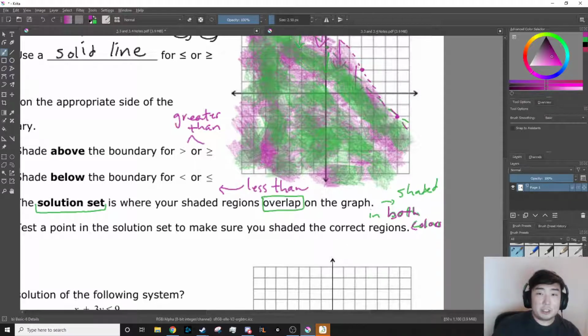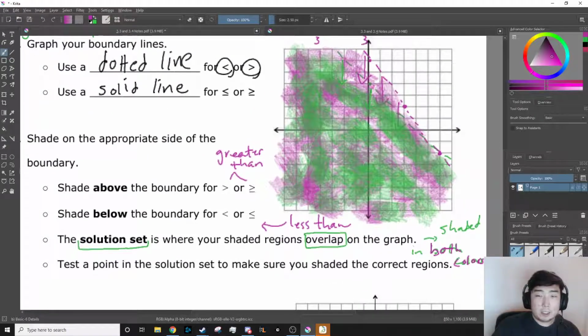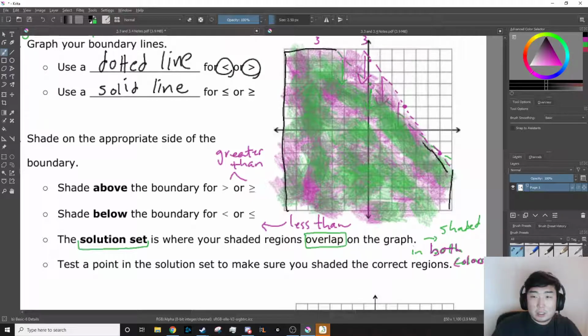So where is it shaded both colors? It's shaded pretty much from here and all the way towards forever, like this, and then like this. All of the black area is shaded green and purple.